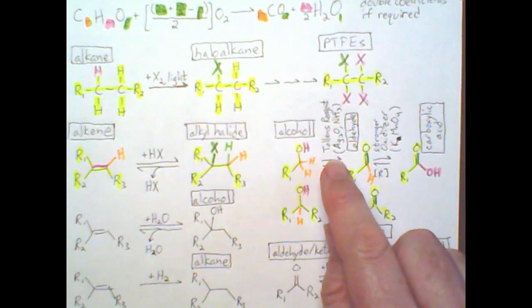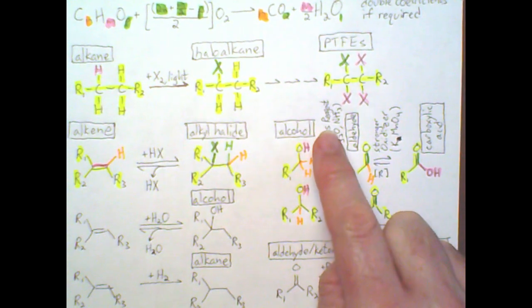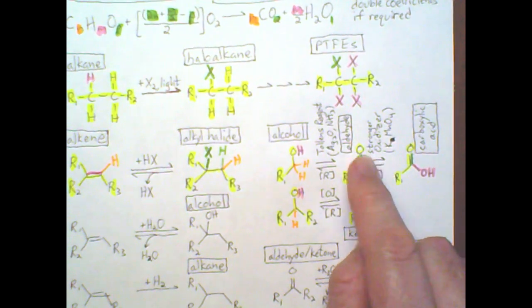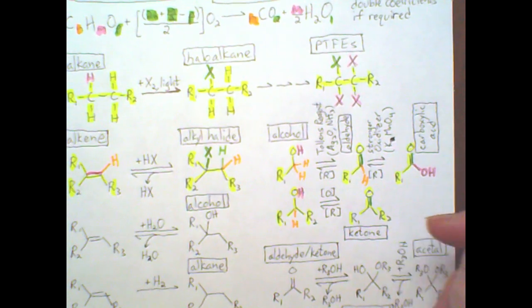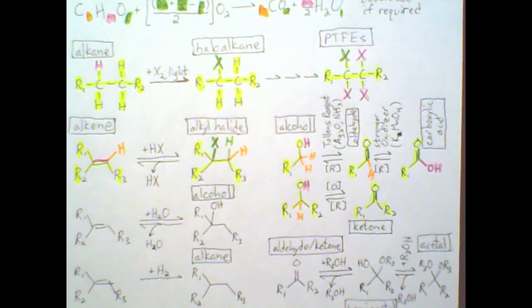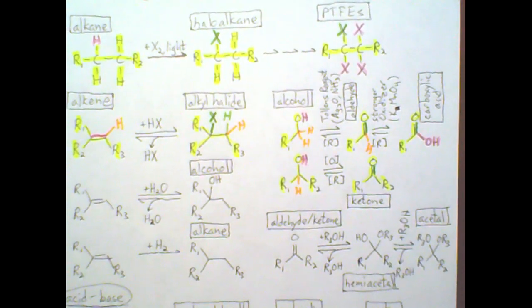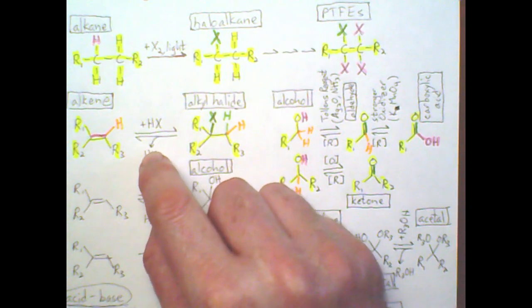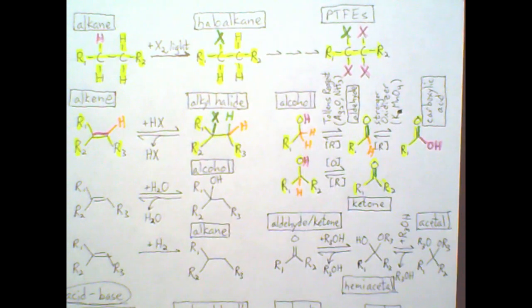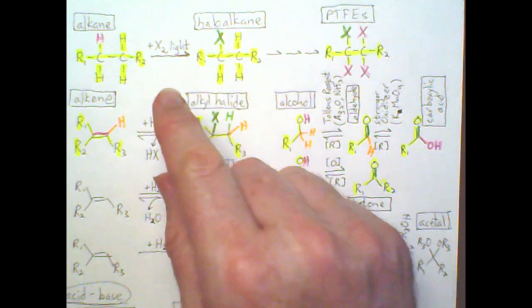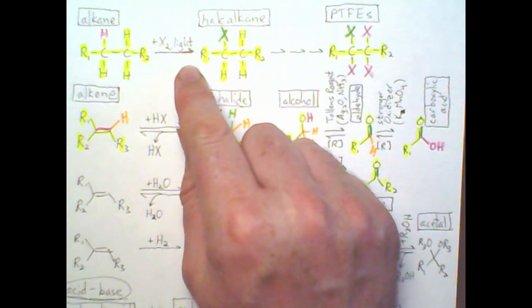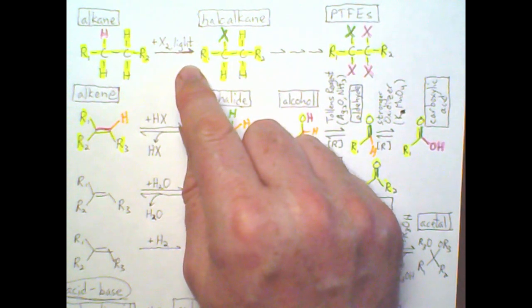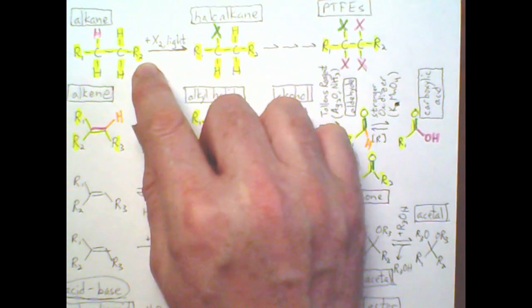You can write common reagents over the arrows that are needed to make these reactions happen. I've not done it on all of them, but on many I've written at least part of it. These arrows coming off, most of these reactions are reversible and can go backwards. This first alkane reaction does not go backwards easily. It's actually very hard to make it go backwards, so I didn't put a reverse arrow.